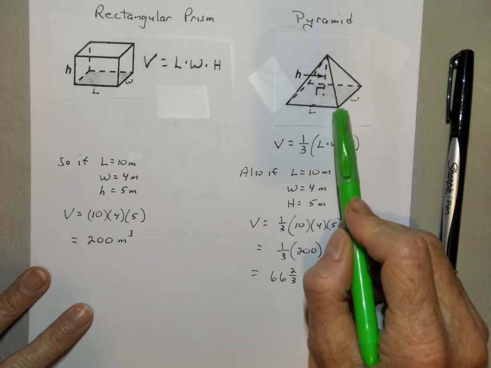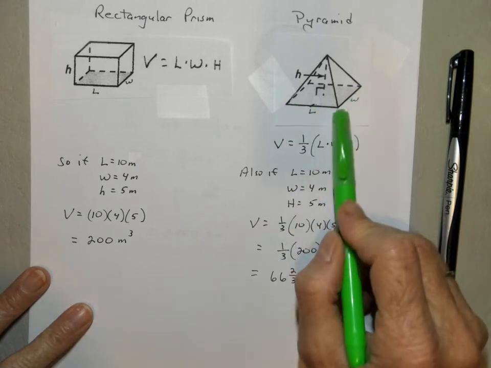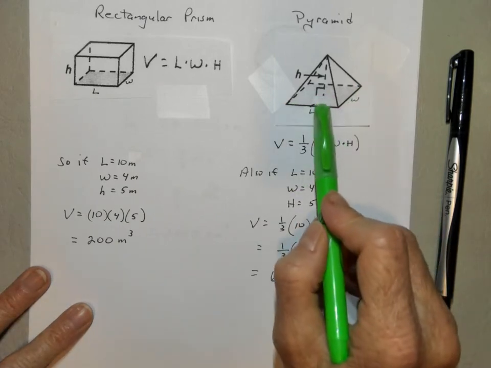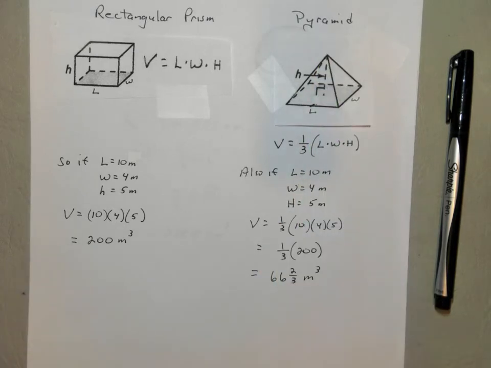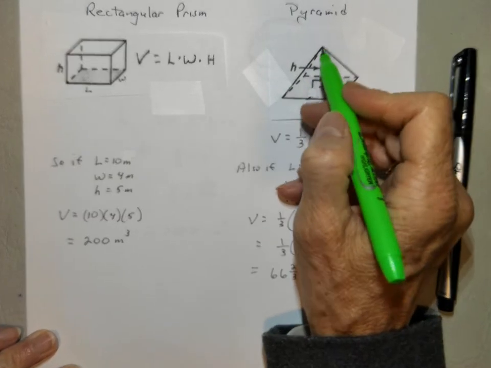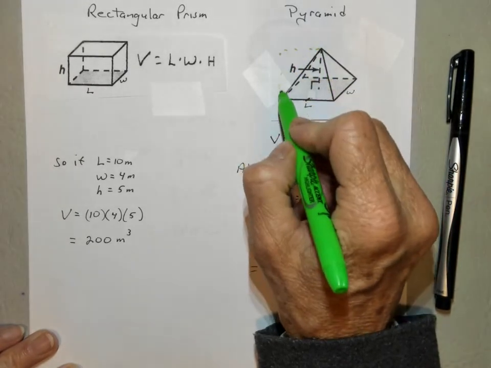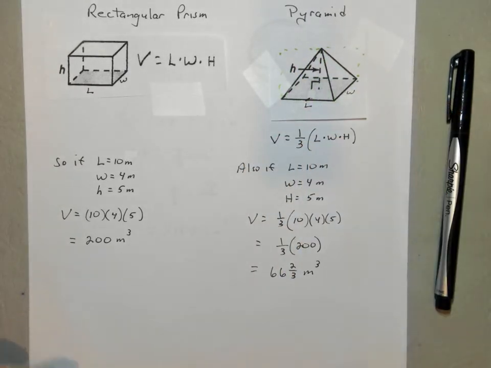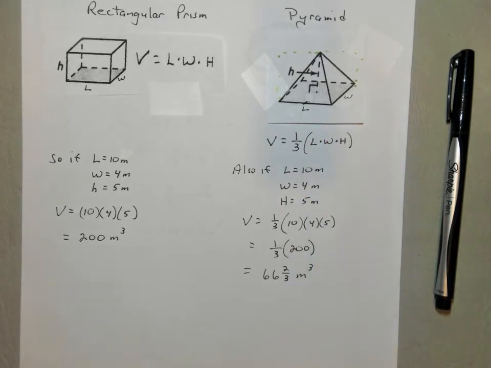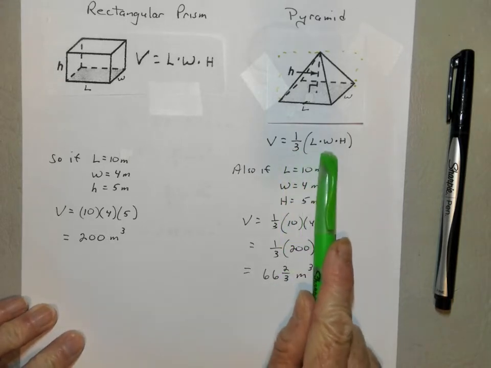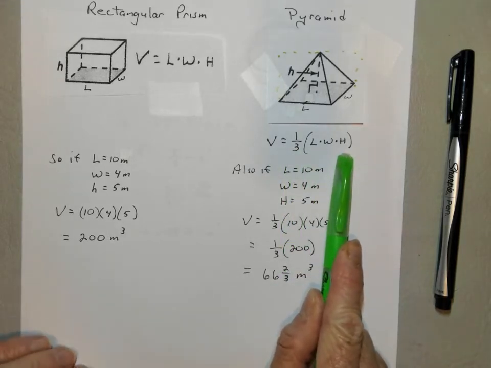A rectangle at the bottom, which is length times width for its area. Well, if you multiply it by the height, this only goes to 1 point. So again, it has that much of the rectangular prism taken away, so there's only 1/3 left of what it would have been if it was a rectangular prism. So it's just 1/3 the length times the width times the height.